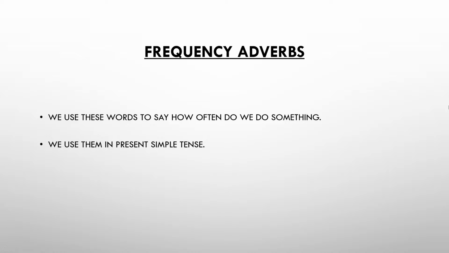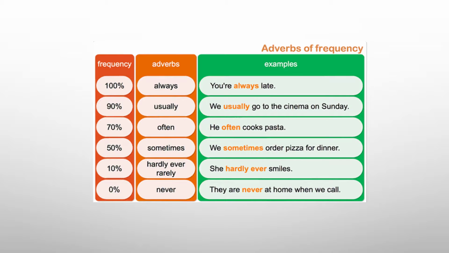These are words that we are going to use when we want to say how often we do something. We are going to use them in present simple tense. And here are some examples. I need now that you stop the video because you have to write this in your notebooks. You have to write the frequency adverb and the translation into Spanish, okay?